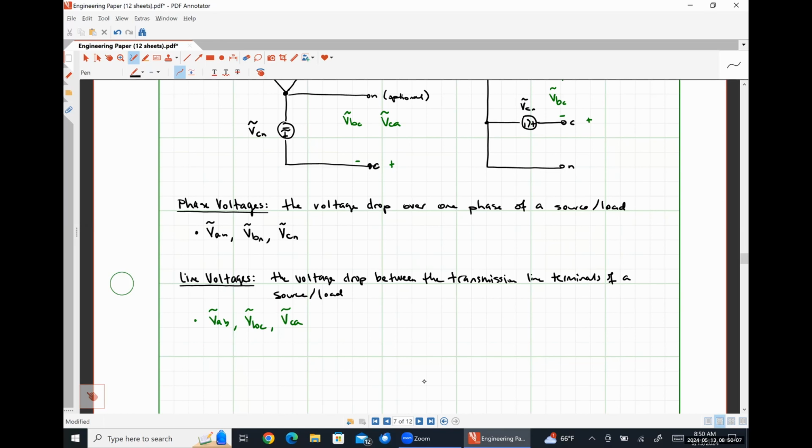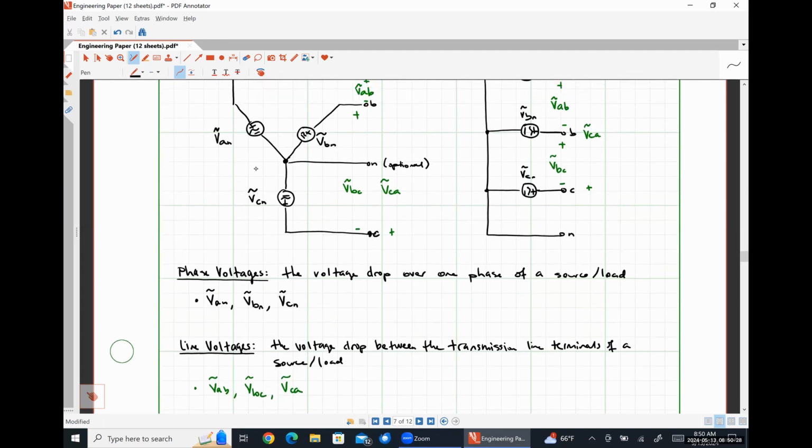In industry, you might hear things like a line-to-line voltage. That is literally the voltage measured between two transmission lines. That is the exact same thing as what we are calling a line voltage right here. You might also hear something about a phase to neutral voltage. That would be the exact same thing as the phase voltages that we see here.